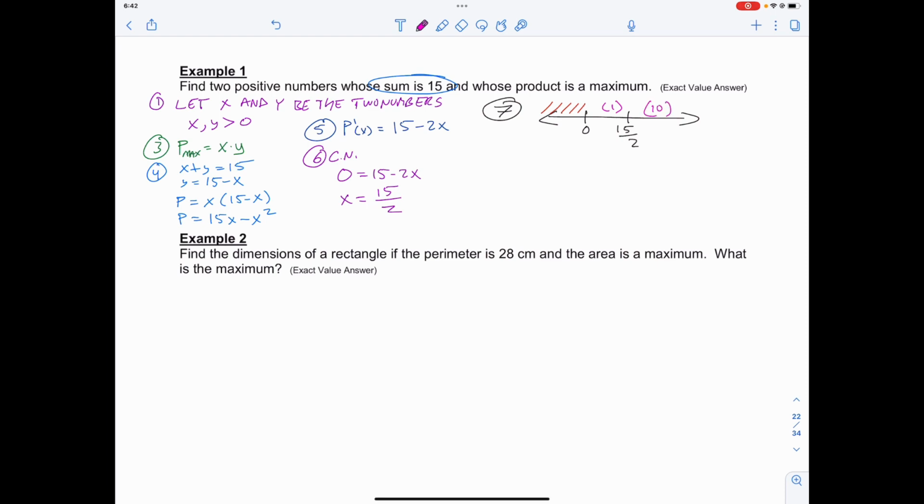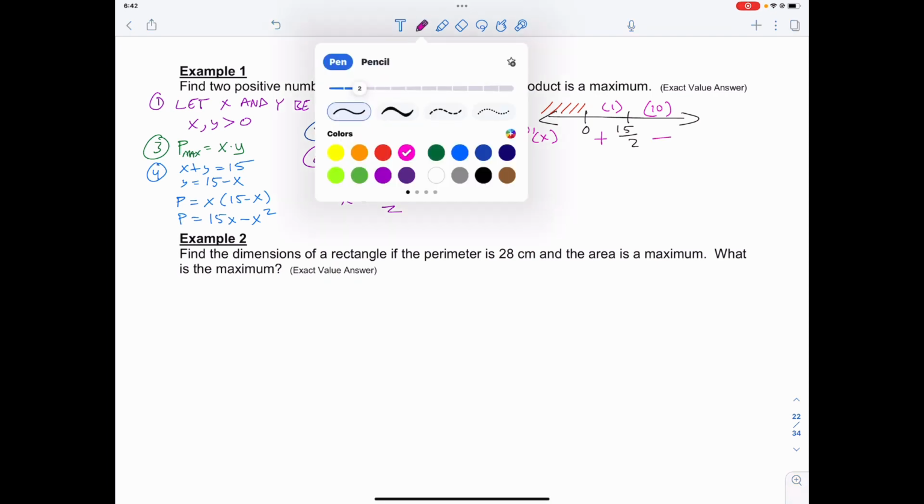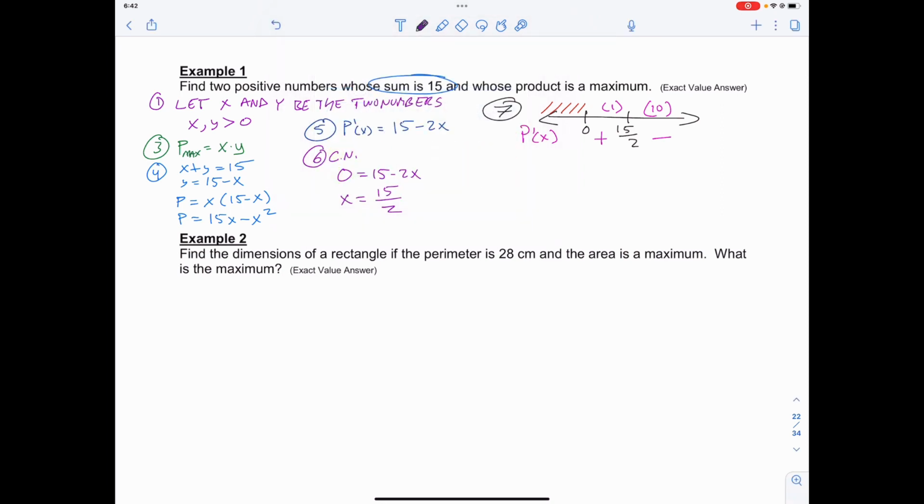And then I'm going to see, well, if p prime of x, when I sub in for 1, I get a positive number. When I sub in for 10, I get a negative number, which means that my p of x is going to be increasing, then it's going to be decreasing, and here at the change, I'm going to have a max.